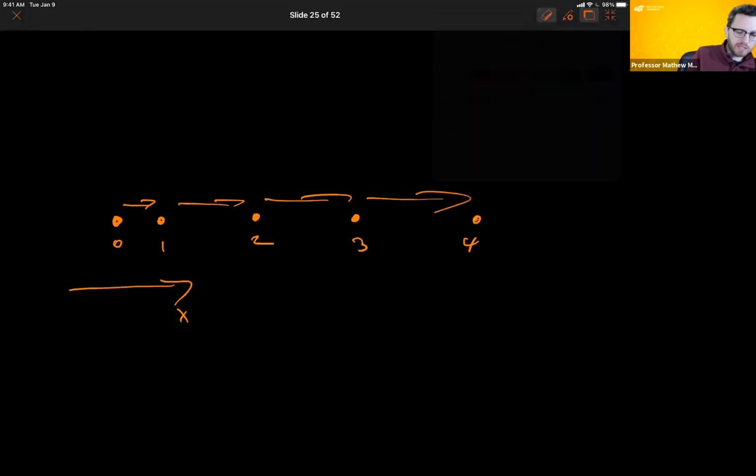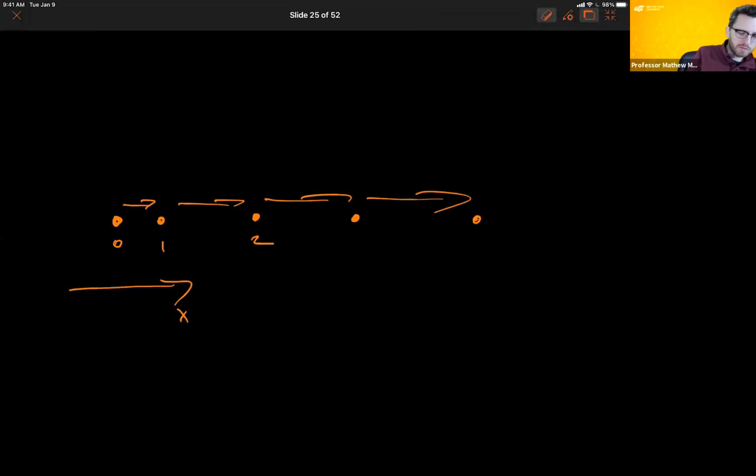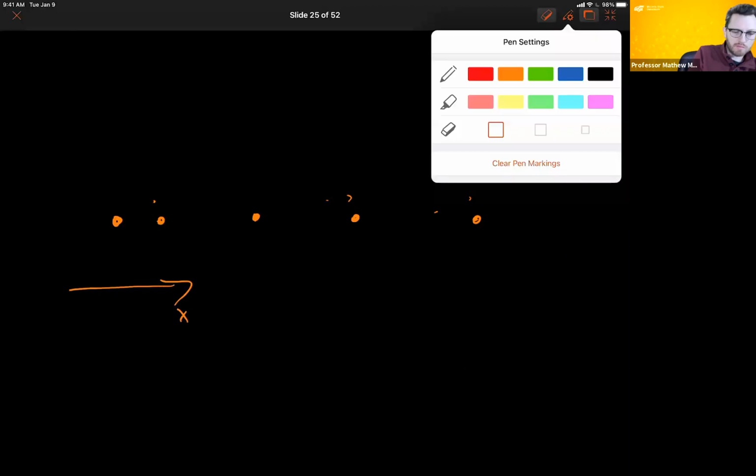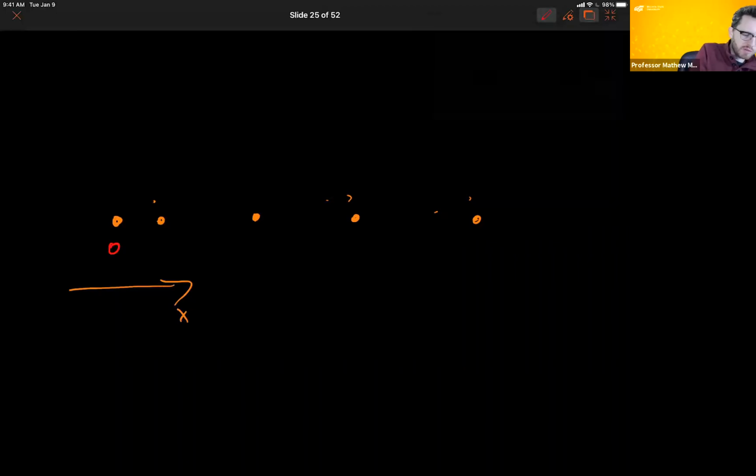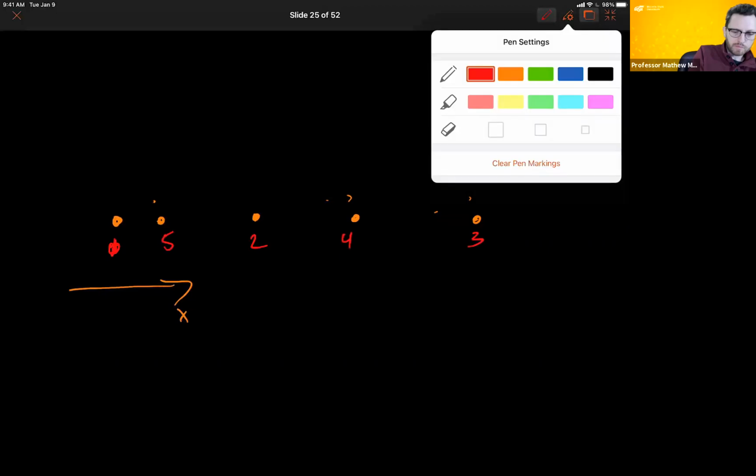But I could have labeled these differently. This would be the same set of images, or the same particle, if I relabeled these things. And maybe you could even get wild things. You could have this be 1, 2, 3, 4, 5. I've skipped 1, didn't I? Let's call this 1. What would this look like?